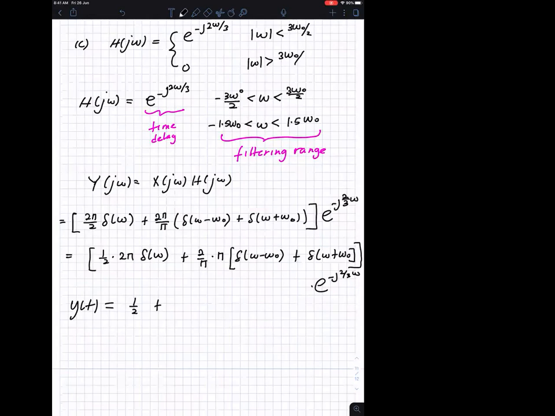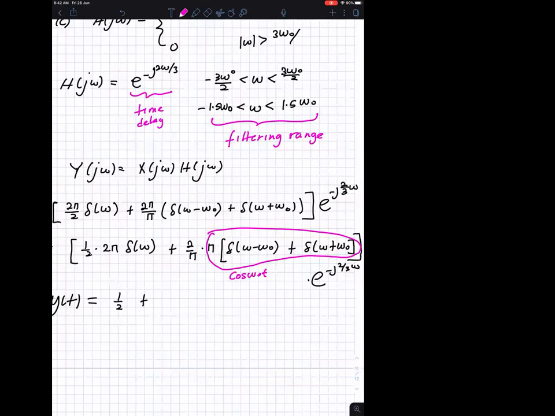The inverse Fourier transform is cosine omega naught t, right?